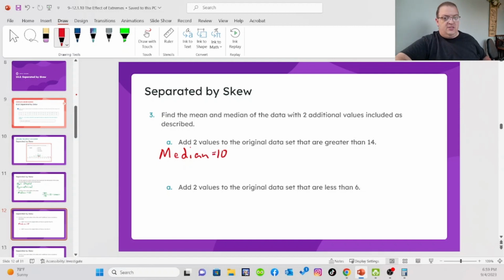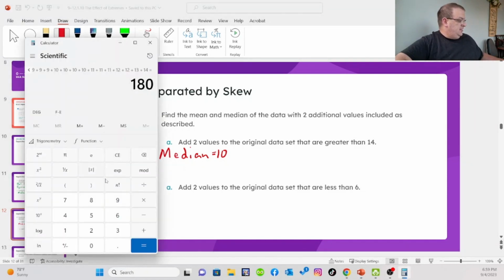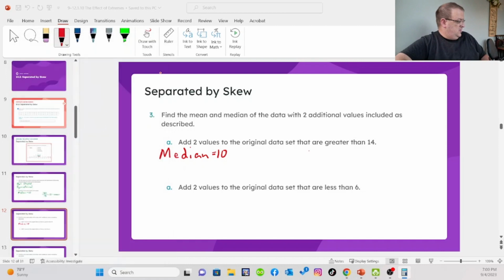Nothing changed. But now instead of having 180 when I add my dots together, I'm going to have 180 plus 15 plus 16, and that gives me a total of 211. And instead of having 18 points, we now have 20.